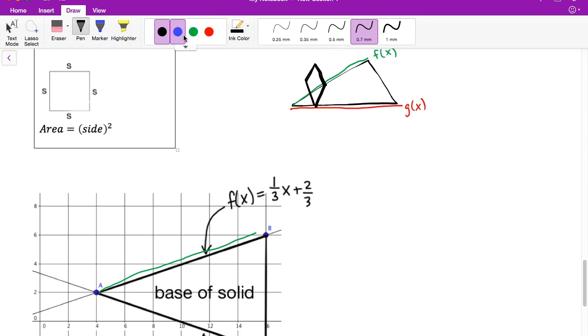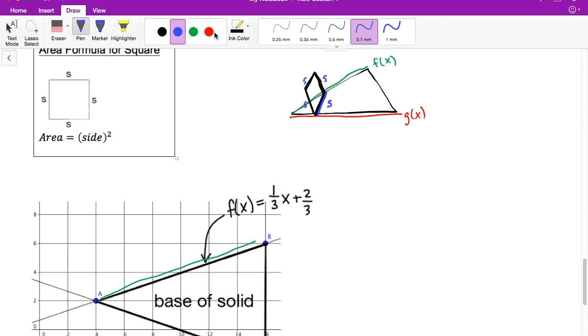The important thing to notice, or at least see in your head, is that the side length of this square cross section is the distance between function f and function g. That's s, and this is s, and this is s. So we have lots of cross sections, and what we want to do is find the area of each cross section individually and then add them up. And integration will do that for us.